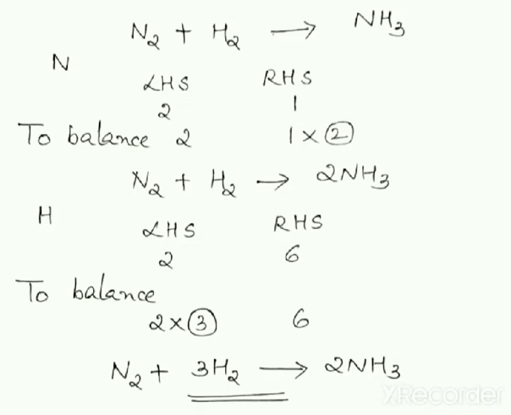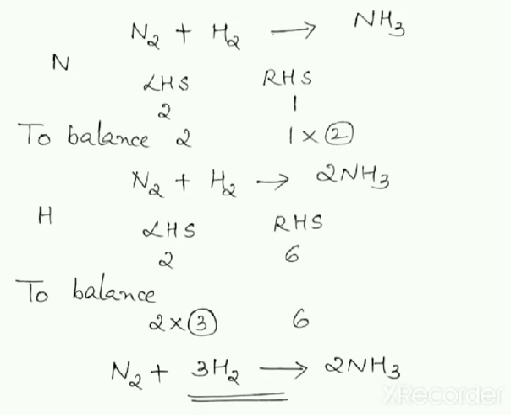In this equation, on the reactant side you get 2 atoms of nitrogen, 2 atoms of hydrogen, and when you write 2NH3, that shows 2 atoms of nitrogen and 2 into 3, that is 6 atoms of hydrogen. So even though the number of atoms of nitrogen becomes 2, the number of hydrogen will be now different.